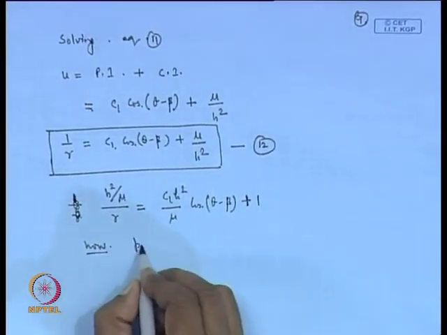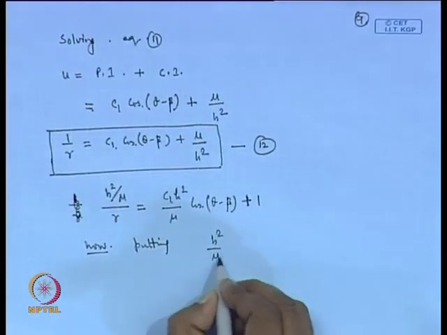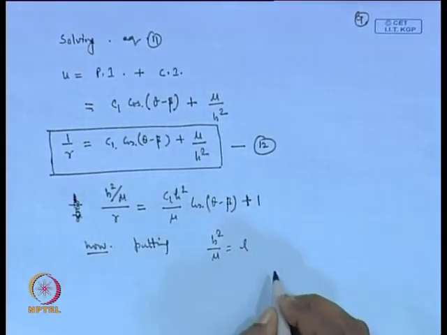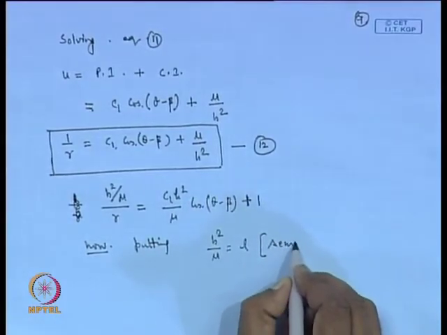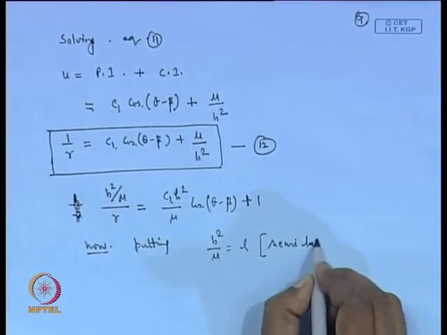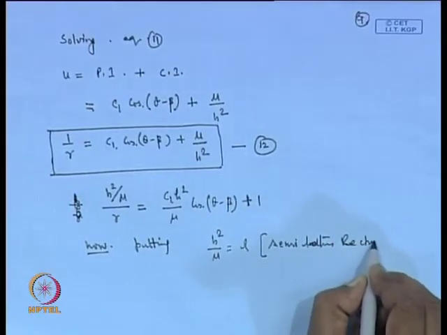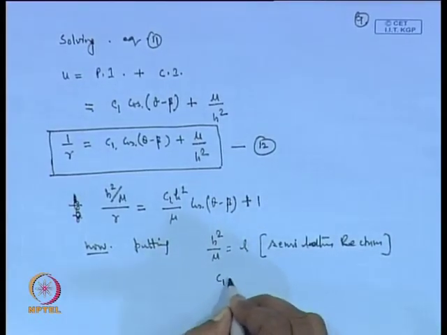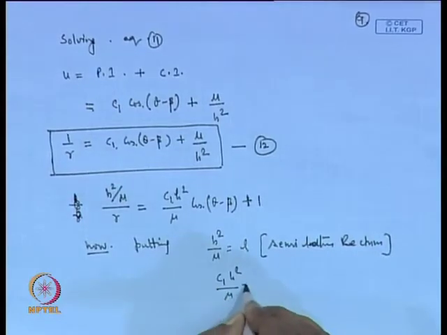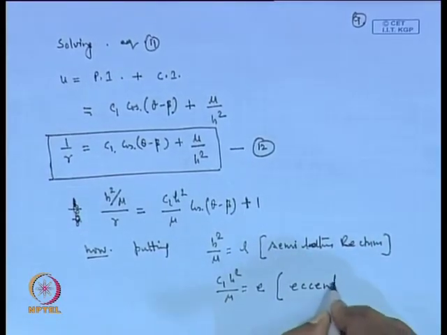Now, putting h square by mu is equal to L, this quantity is known as the semi latus rectum. And we put C 1 times h square by mu is equal to E. This term is called eccentricity.